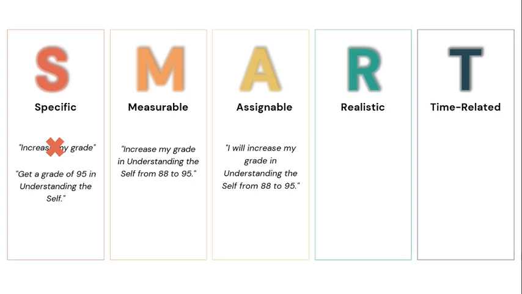Or for realistic, you cannot just say, I will increase my grade in understanding the self from 88 to 100. Wow. There's nothing wrong with being ambitious, but make it realistic so that you feel fulfillment within your average effort.